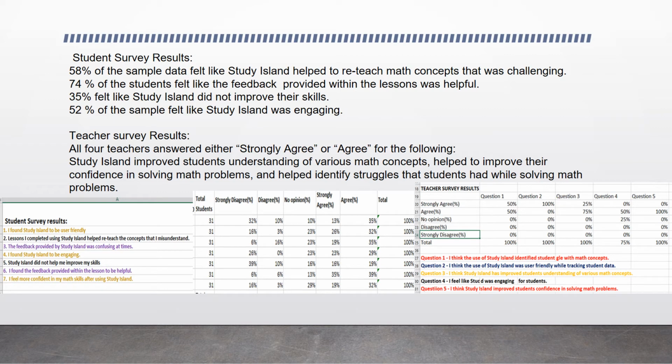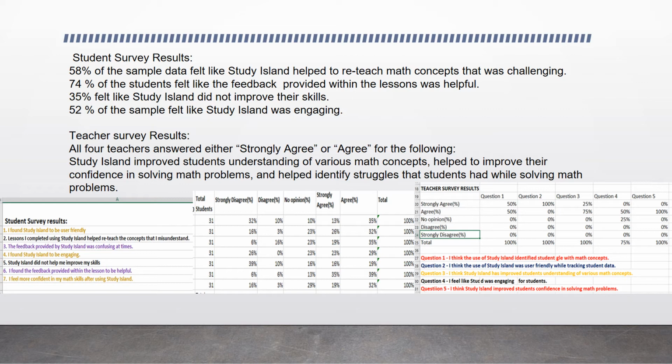Here are my student survey results, and 58% of students felt like Study Allen helped to reteach the math concepts that were challenging. 74% of students felt like the feedback provided from Study Allen within the lessons was helpful. 35 students felt like Study Allen did not improve their skills, and 52% of students felt like Study Allen was engaging.